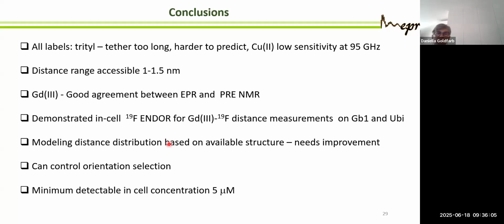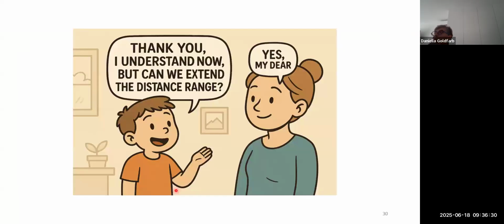But for ENDOR, if you measure 10, 12, 15, an error of 3 is too big. And I think here some improvement is needed. And regarding orientation selection, you can sort of turn it on and turn it off. And here is the minimum detectable concentration in the cell. It would be nice to be a bit better.